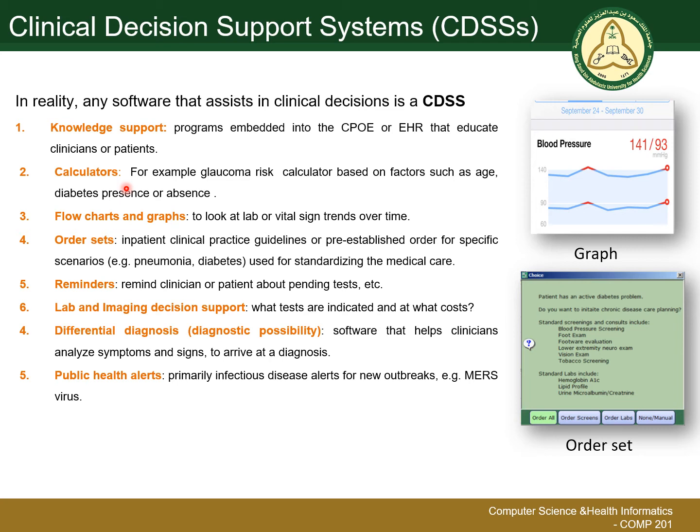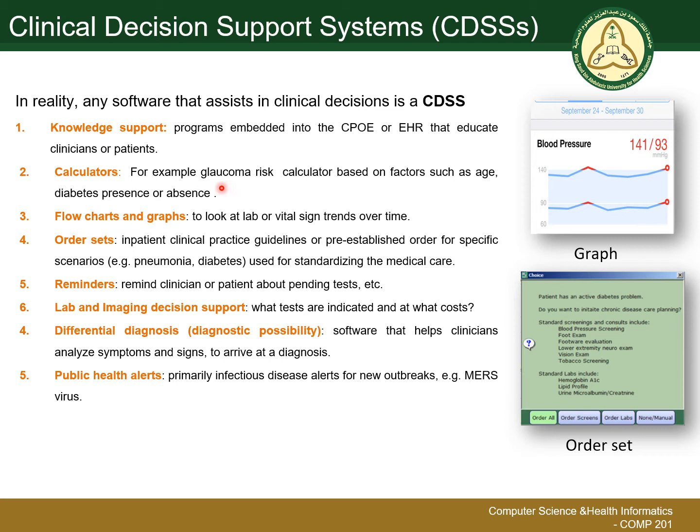So for example, for a patient who has a glaucoma risk, the calculator will be based on factors such as age and the presence or absence of diabetes. And based on these factors, the calculator can calculate the risk of having glaucoma in the next 5 years.